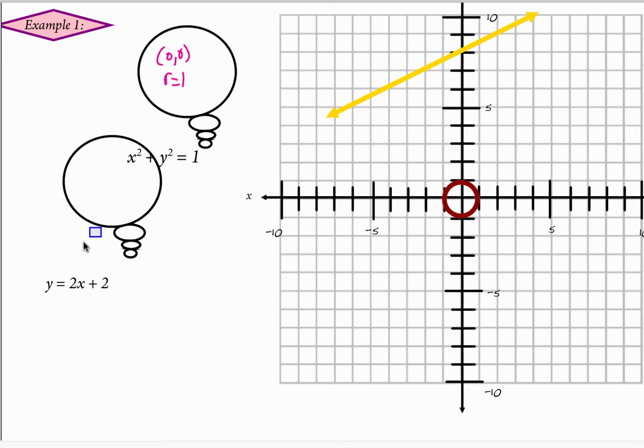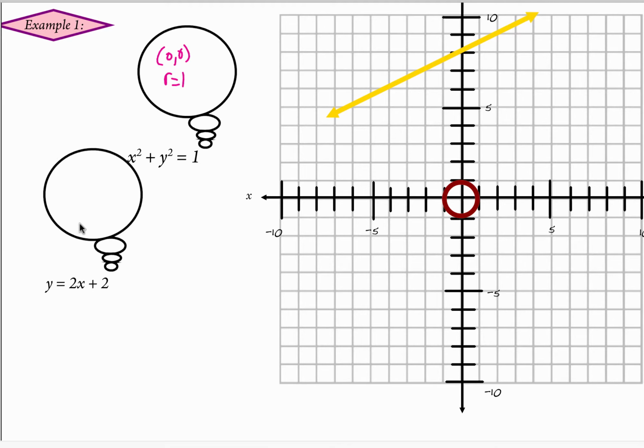I know my y-intercept is a positive 2, and my slope is a positive 2. So I'm going to take this line, shrink it down, and move it over to 0, 2. That's where it wants me to start.